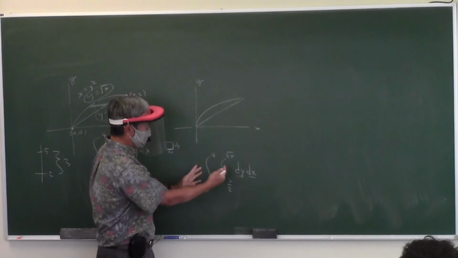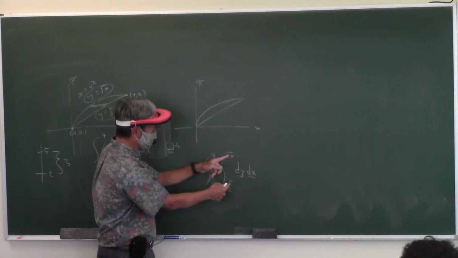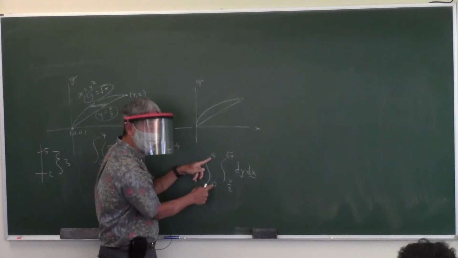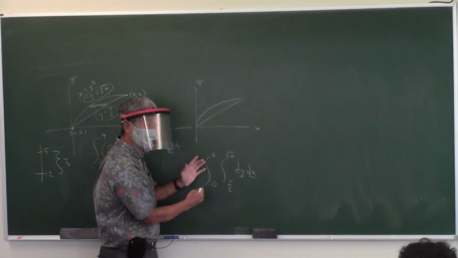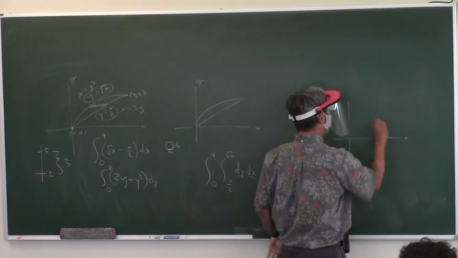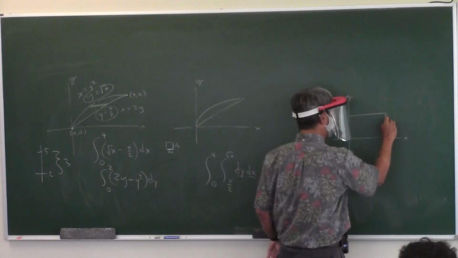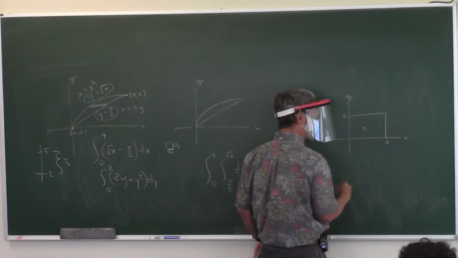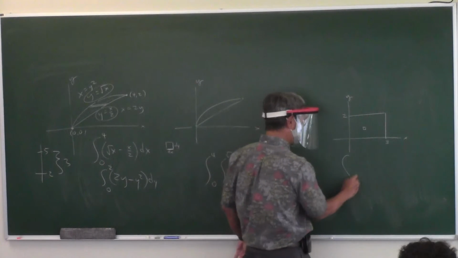You cannot, in other words, switch it and put the ones with the variable last. The ones with the constants have to go last. See, if you just have a region like this, okay, what if this was 3 and this was 2? Think of the infinitesimally small square there. You do a double integral.